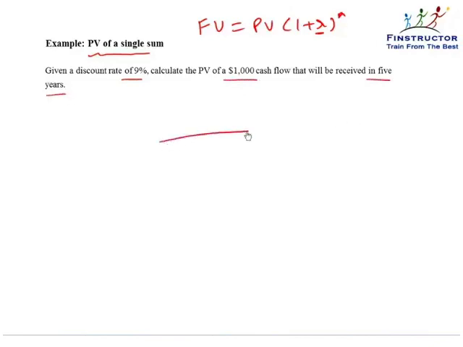So, at t equal to 5, somebody is willing to give me $1,000. How much is he effectively giving me today, or what is the value of the $1,000 today, also called the present value?